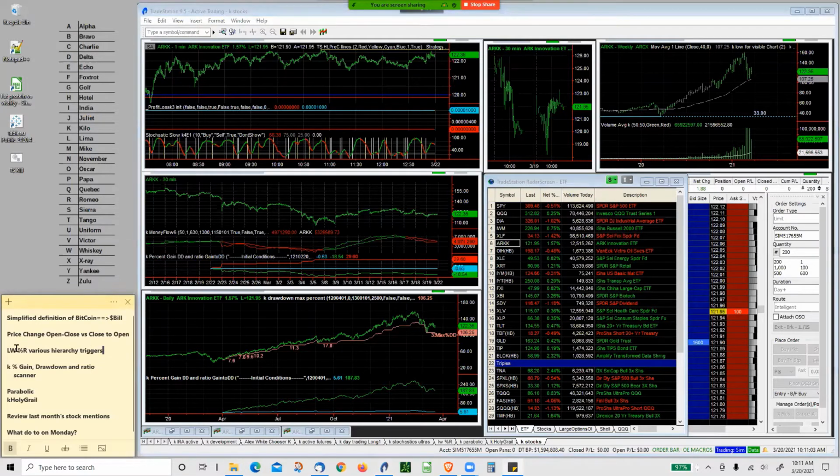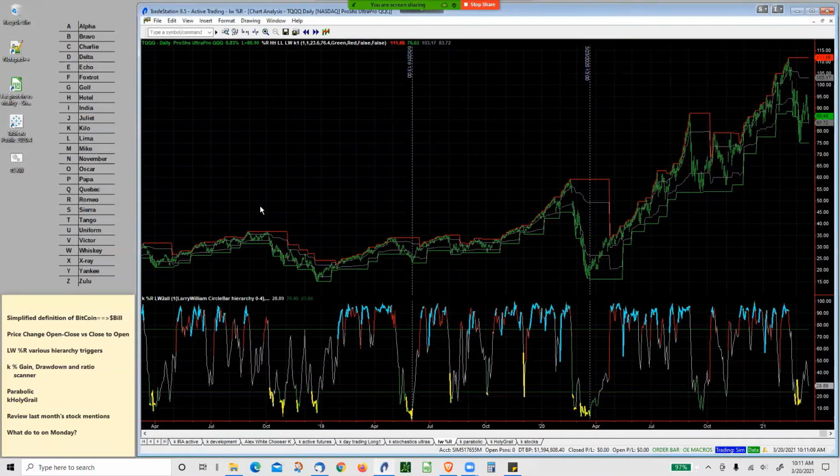All right, so the next one on my list here is Larry Williams %R. I'm going to build this up a little bit, and it's going to get complicated really quickly. Everybody knows about support and resistance.